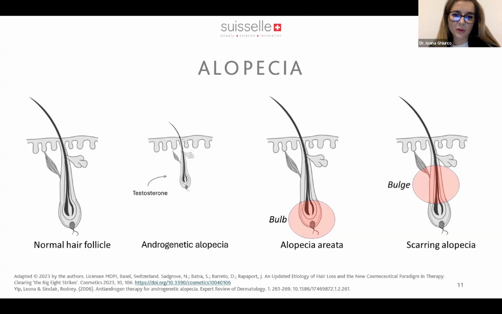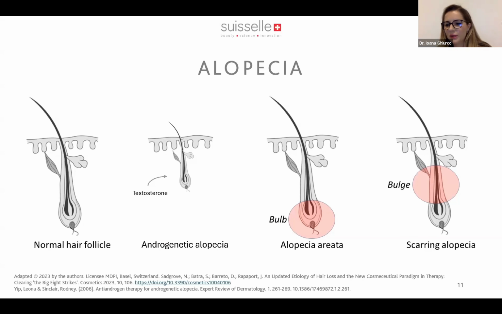We have other types in the non-scarring group, like alopecia areata, which is characterized by patchy hair loss, particularly on the scalp, but other areas of the body can be affected, like the beard and eyebrows, or it can even go into the totalis variant, where we lose all the hair on the scalp, and universalis, where we lose all the hair on the body.